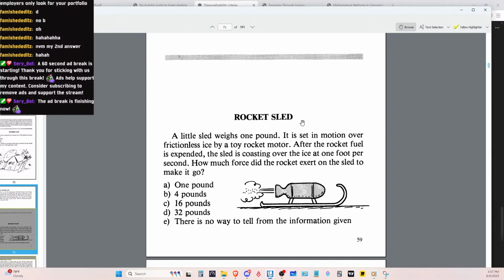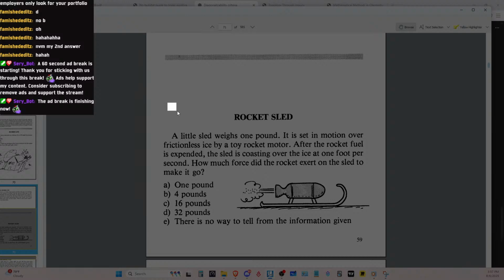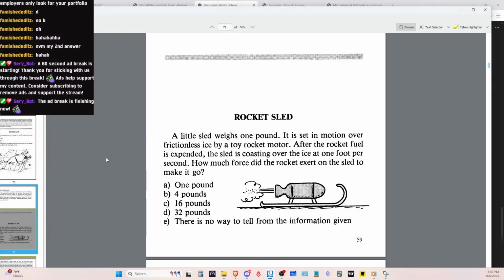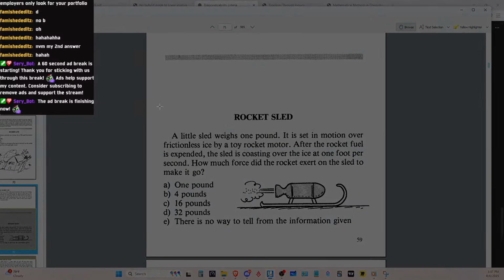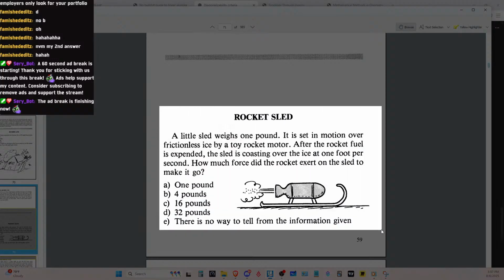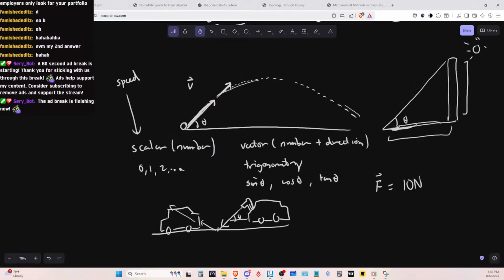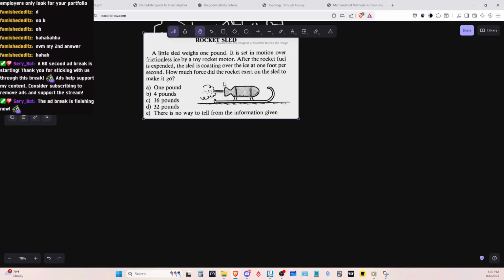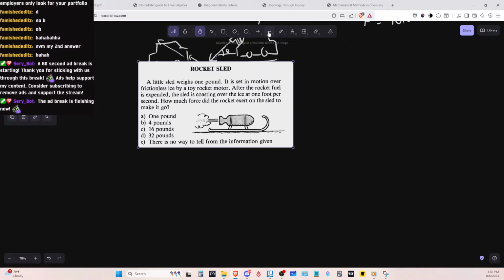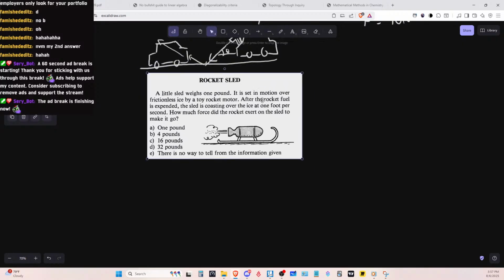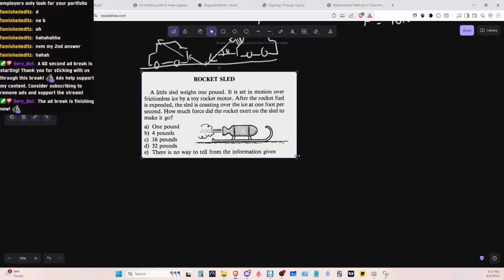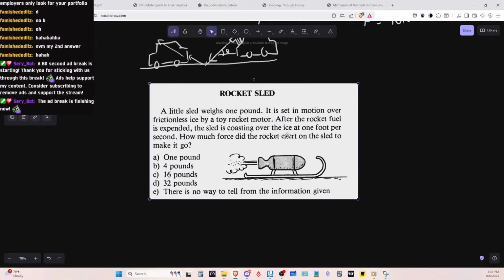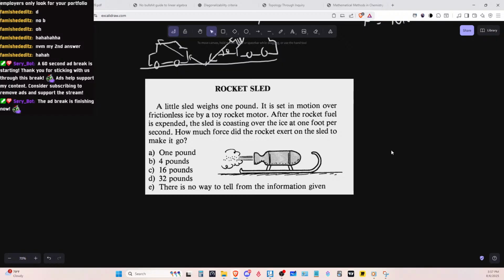So I think we'll take this. Oh, no. I've got to do that over. Okay, let's do that. Bring this down. Paste. Because sometimes I like to write out stuff whenever I do these problems. Okay, so the mass of the sled is 1 pound.